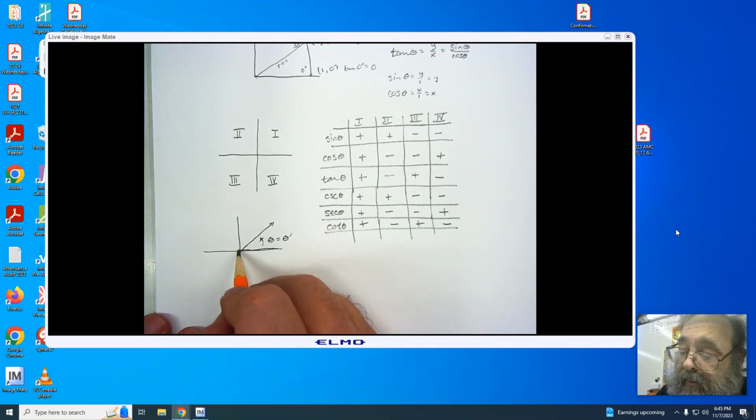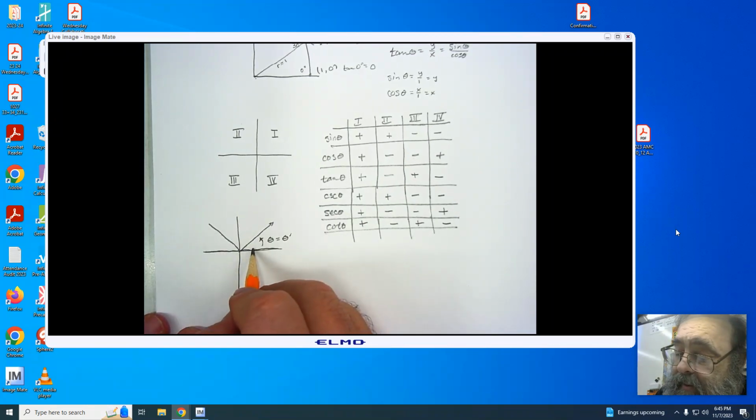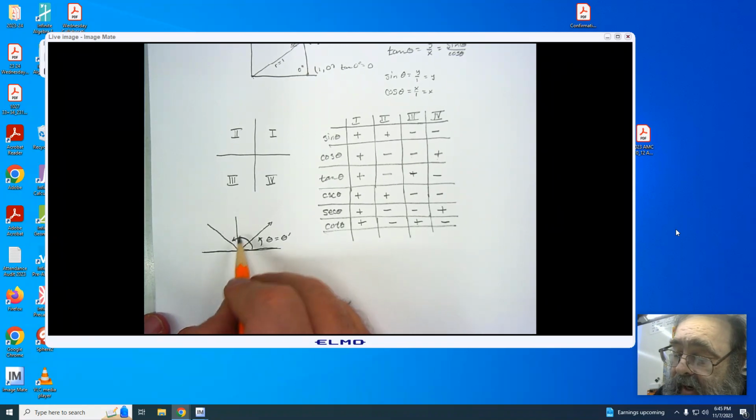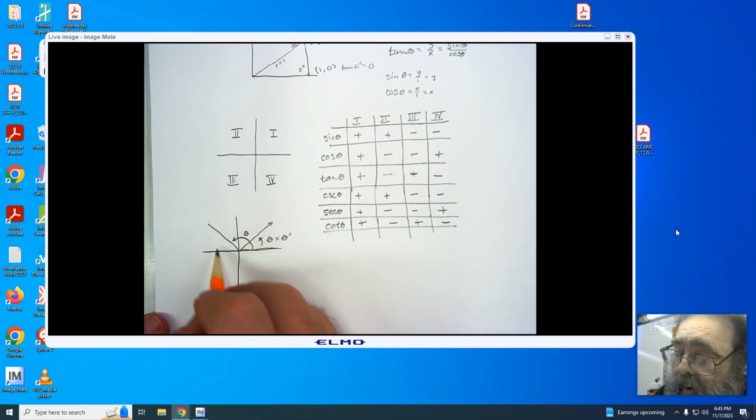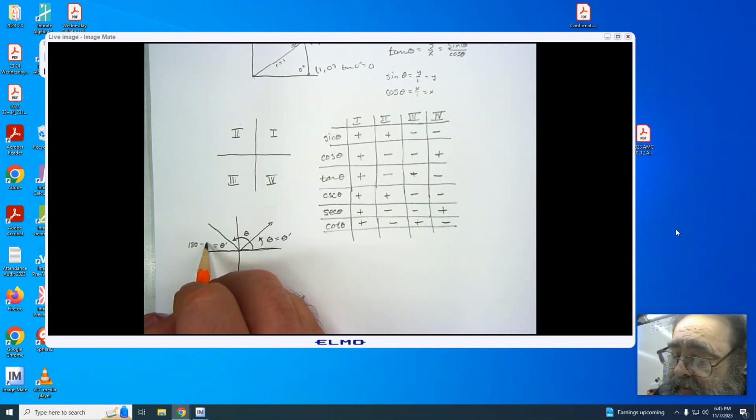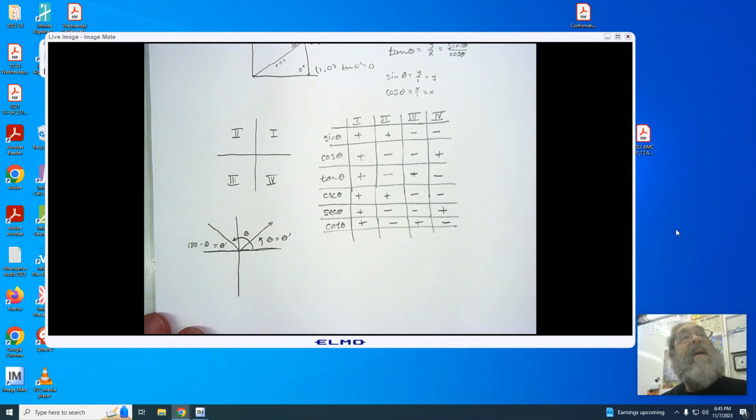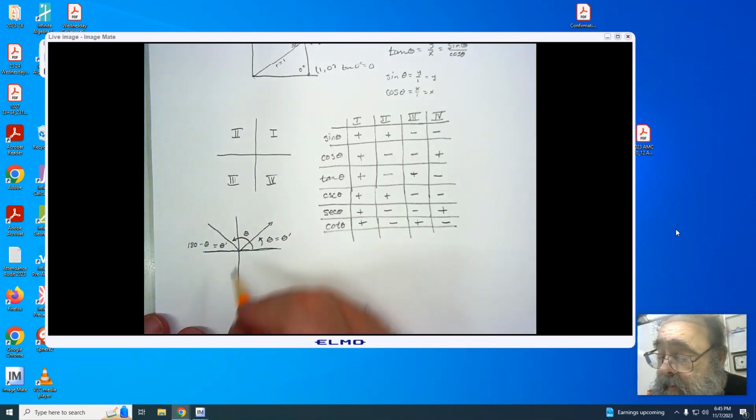In the second quadrant, you'll notice that the reference angle is going to be the supplement. Since this is now my theta, theta prime is sitting right here, and it is made by 180 degrees minus the angle. Once again, that's identifying our supplement.